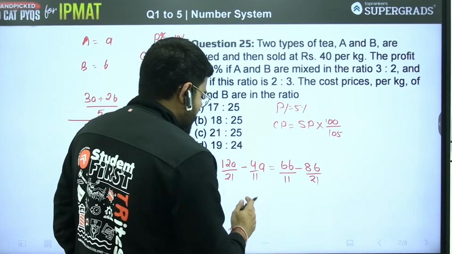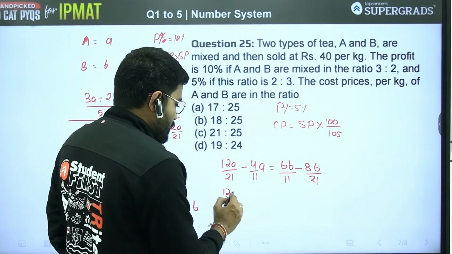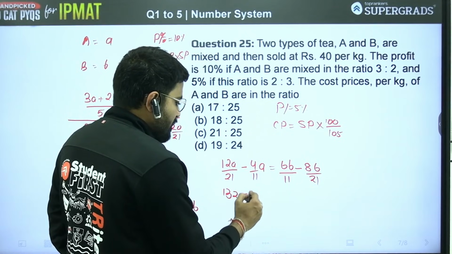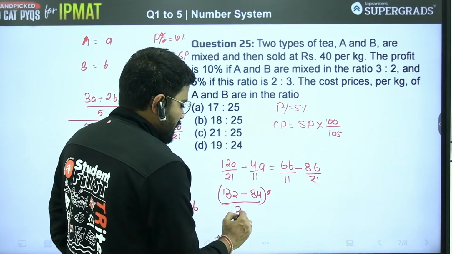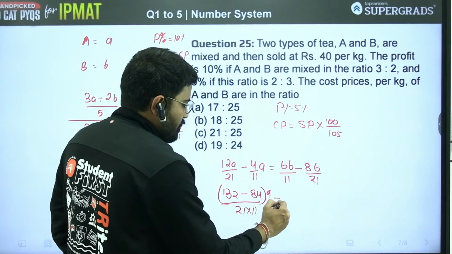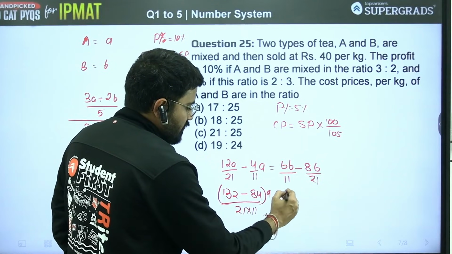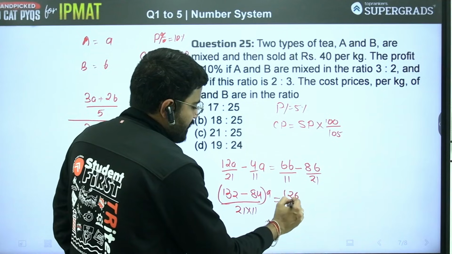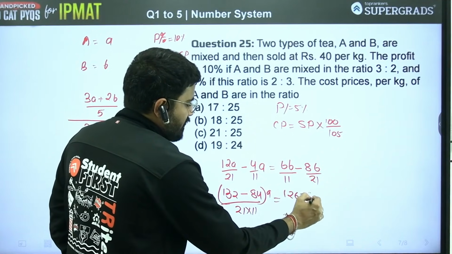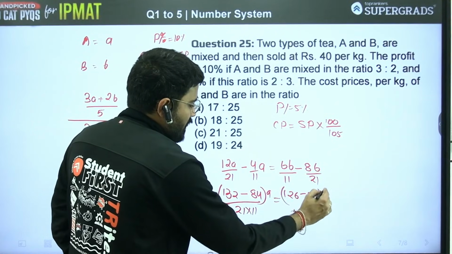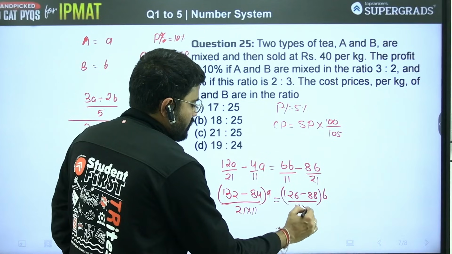Here 11 gets multiplied, so it becomes 132 minus 21 into 4, which is 84, A upon 21 into 11, which is equal to 21 into 6 is 126 minus 8 into 11 is 88, B. This is 11 into 21.